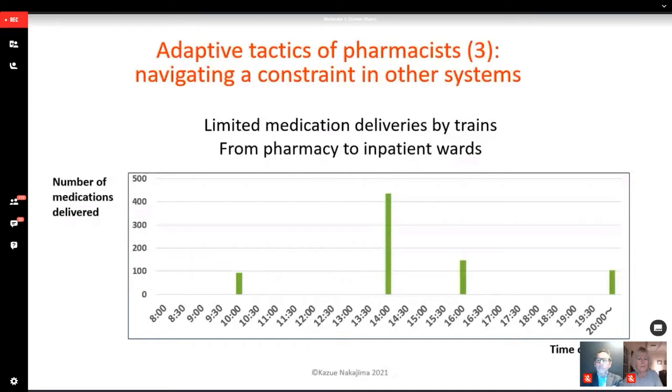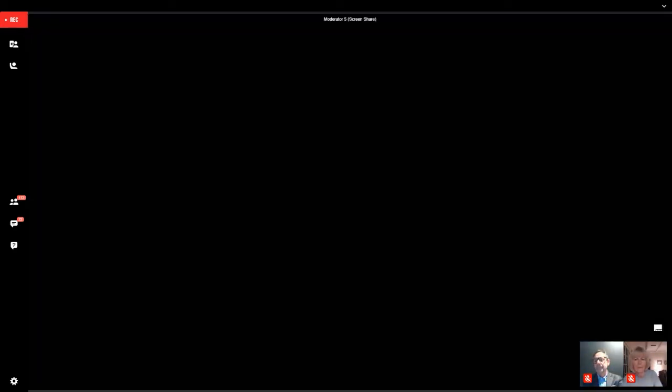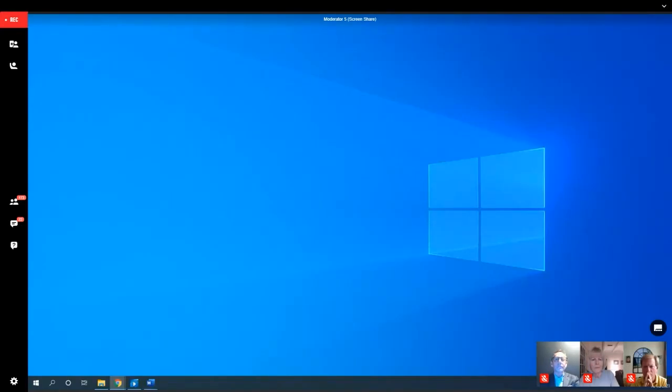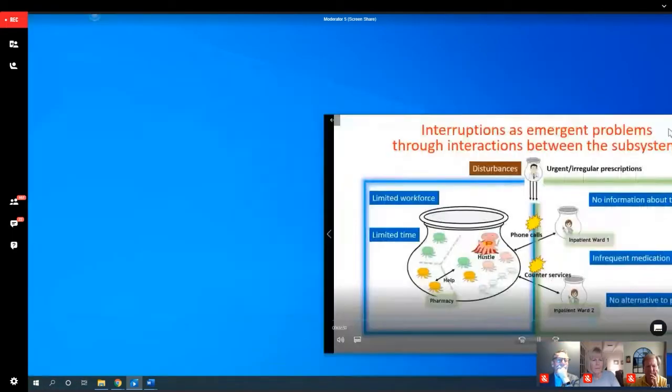On the other hand, in inpatient wards on the right side of the slide, nurses also worked adaptively. When physicians ordered urgent prescriptions, nurses often made phone calls to pharmacists to request urgent medication dispensing or inquire about the delivery time. They also picked up medications at the pharmacy counter.